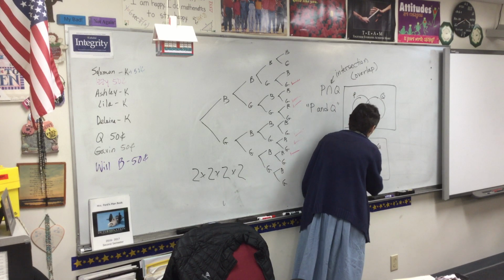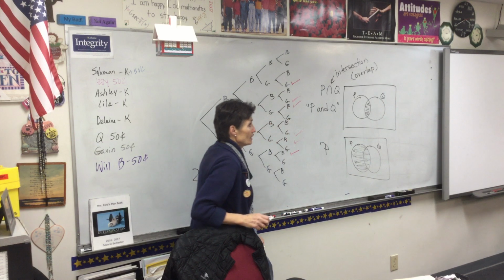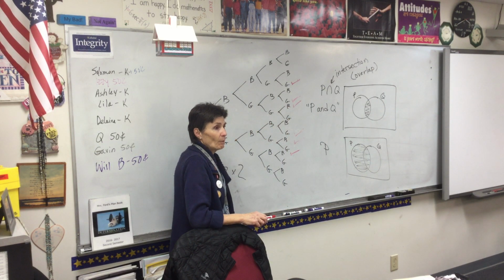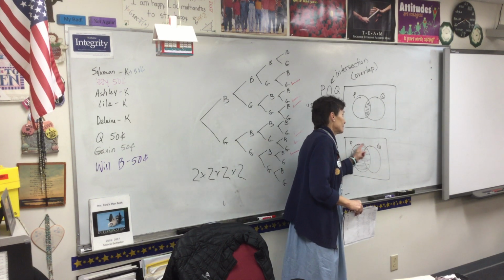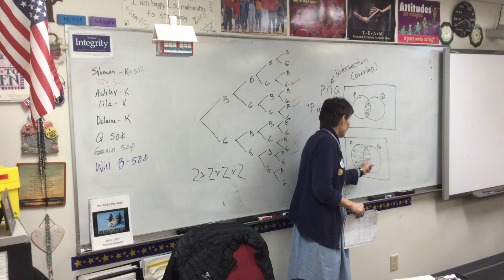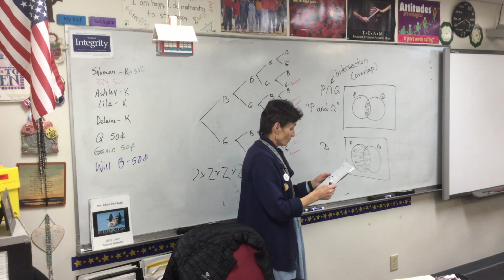No, you are coloring the entire P ball. That's like saying these are the people that like pancakes. All these people like pancakes. Now, these guys might like waffles too, and that's fine, but all these guys like pancakes. So that's what we shade.